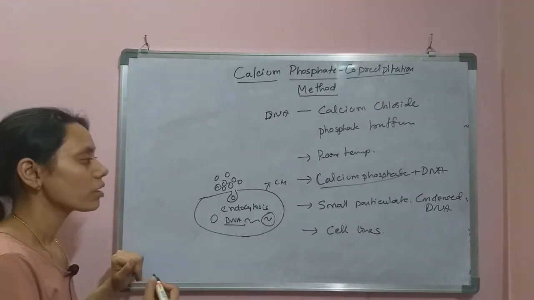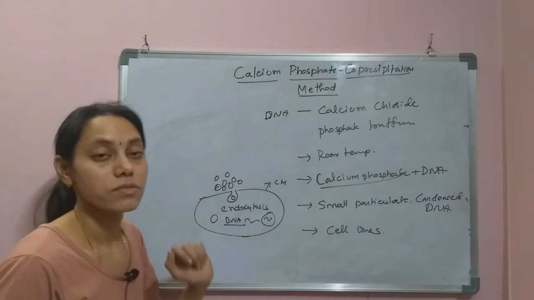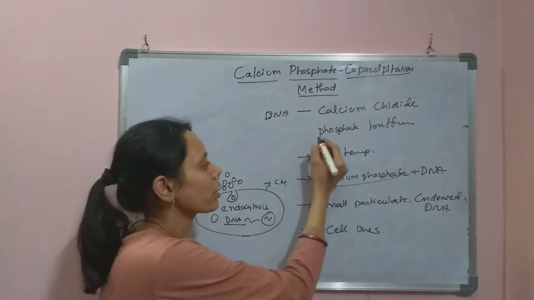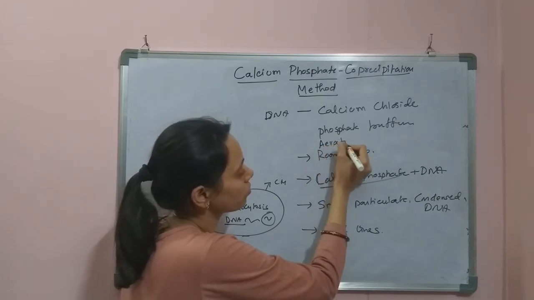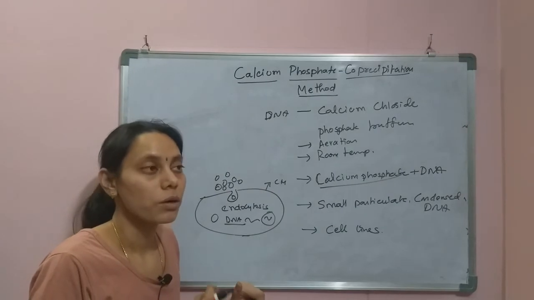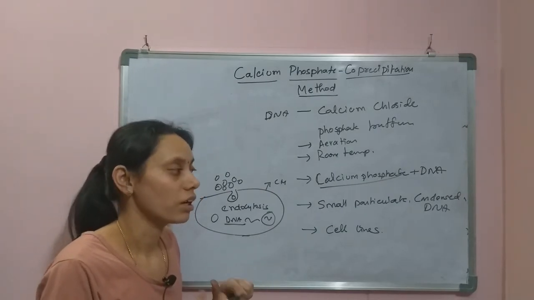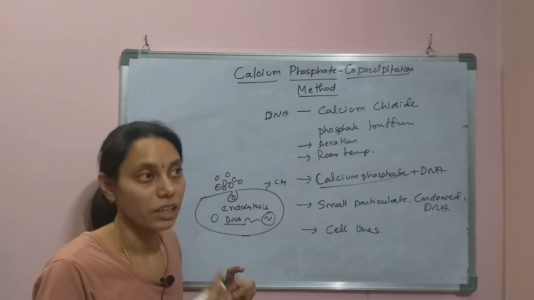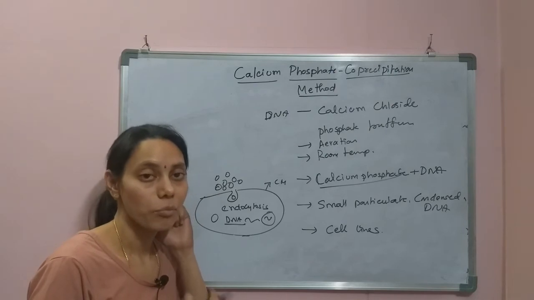So basically, while we are incubating these chemicals along with the DNA, the proper aeration will also be provided. That is also an important factor to provide a very fine precipitate which is having the condensed form of DNA in it, that is evenly spread but not the clumped form.